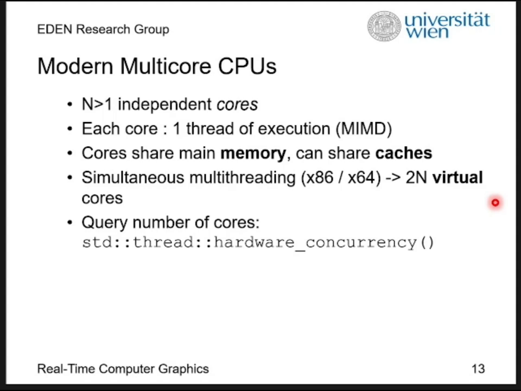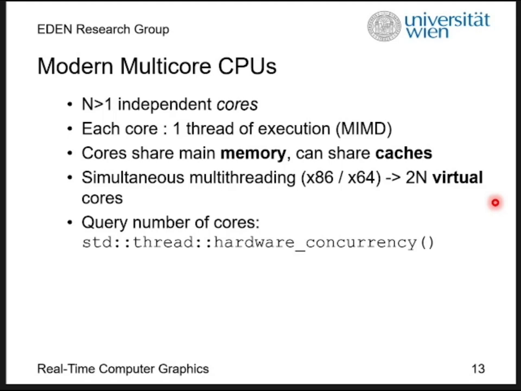Simultaneous multithreading means that every core actually is running 2 virtual threads. And whenever one thread is waiting for the main memory, because that takes a lot of cycles, then the core can switch to the second thread and do some useful work. And that actually is really a boost in performance, especially for these complex instruction set architectures.